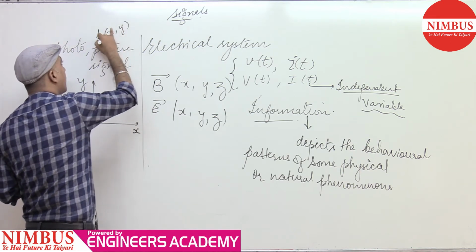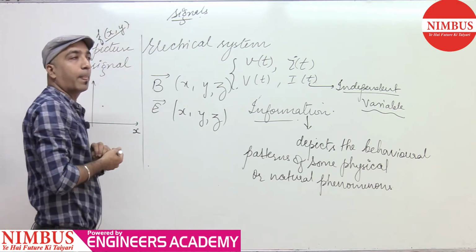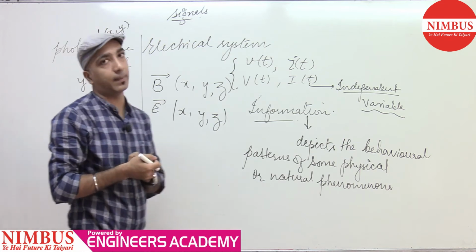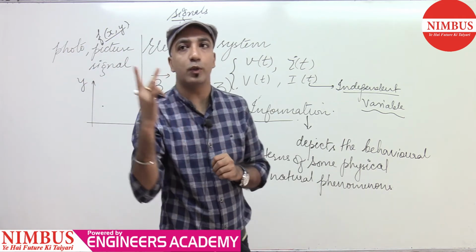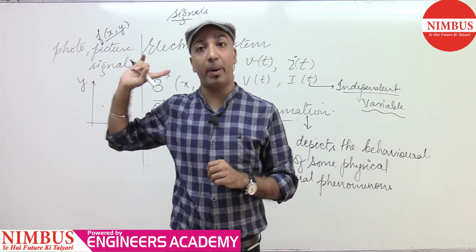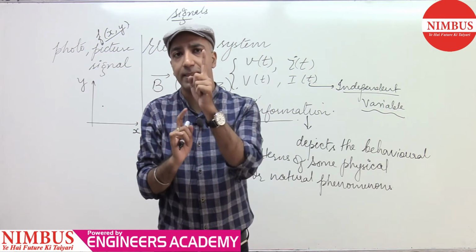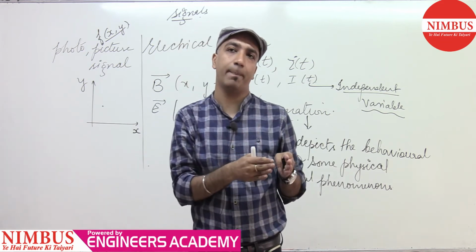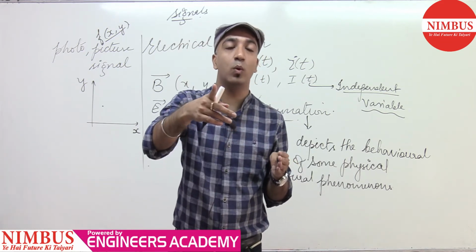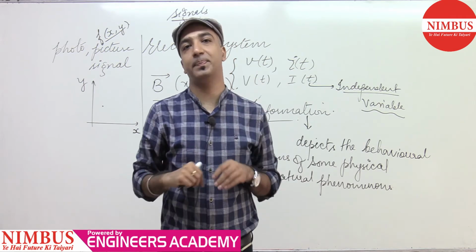Now, for a photo or picture signal, you would be having these two independent variables. If I talk about a video signal, there are two spatial coordinates like in a photograph, but those spatial coordinates are also moving. These points are moving very fast with respect to what? Time.